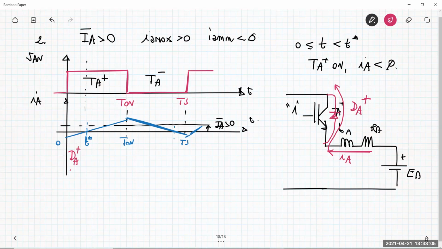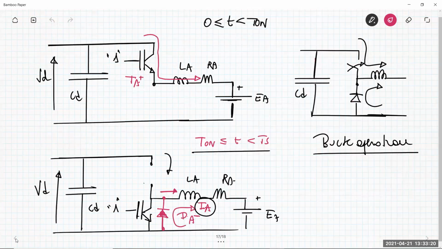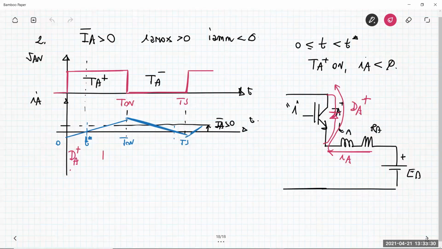What happens in the time interval between T star and T on? TA plus is on and the current flowing is positive. So the situation here is exactly the same as the one we analyzed here, no changes. The device that conducts the current is TA plus.